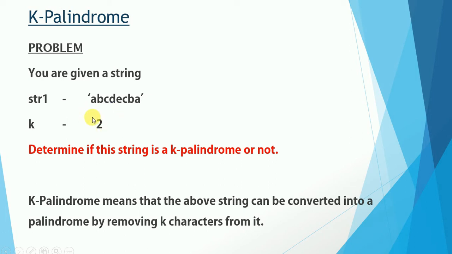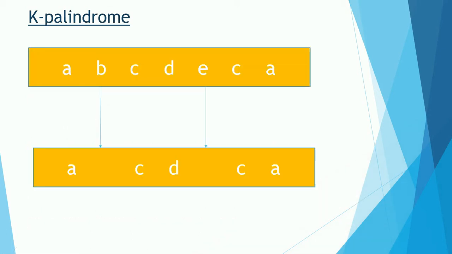So, less than or equal to k. As you can see, if we remove B and E from this string, we get a palindrome. By removing 2 characters we get the palindrome, and k is 2, so this is a K-Palindrome.